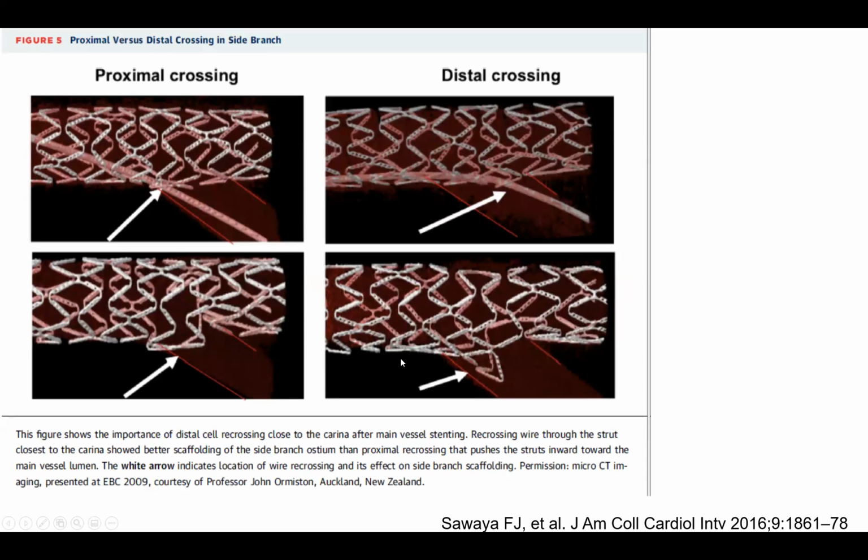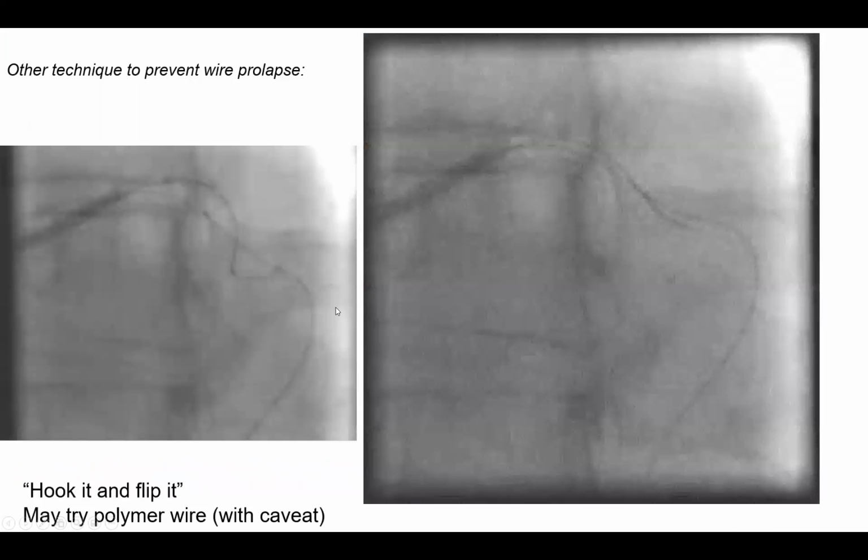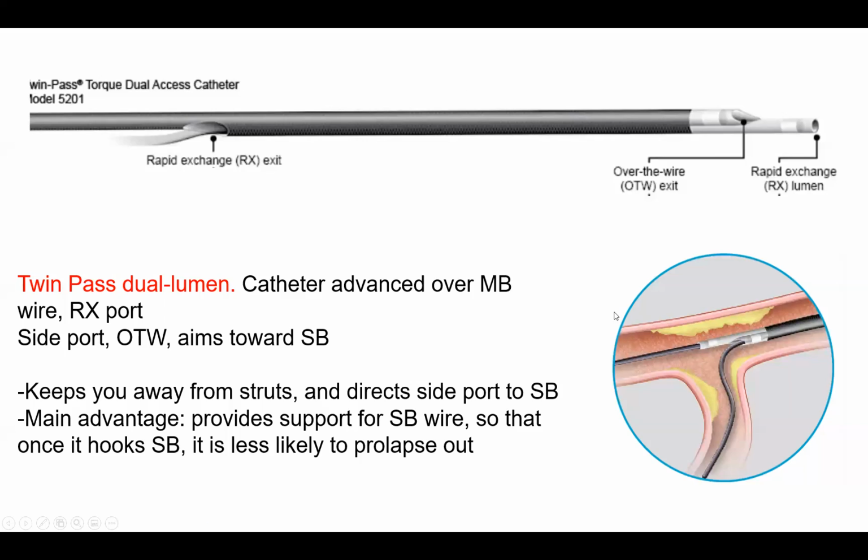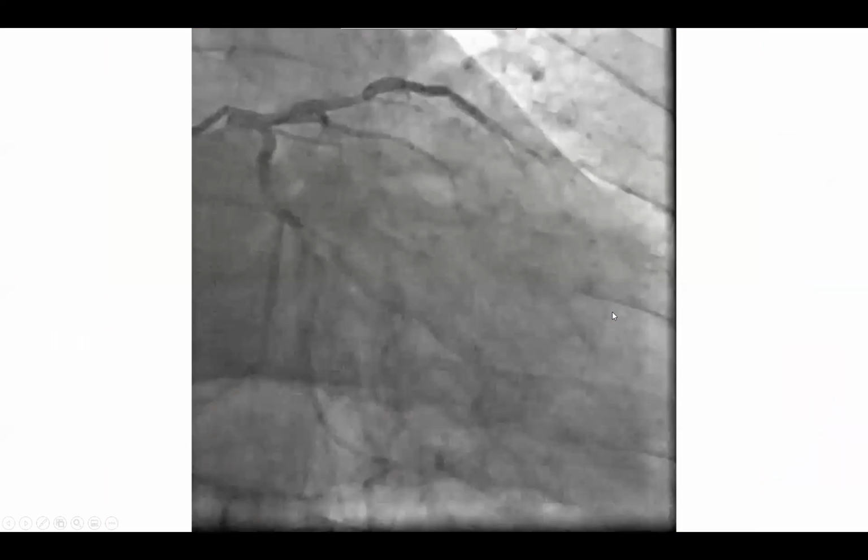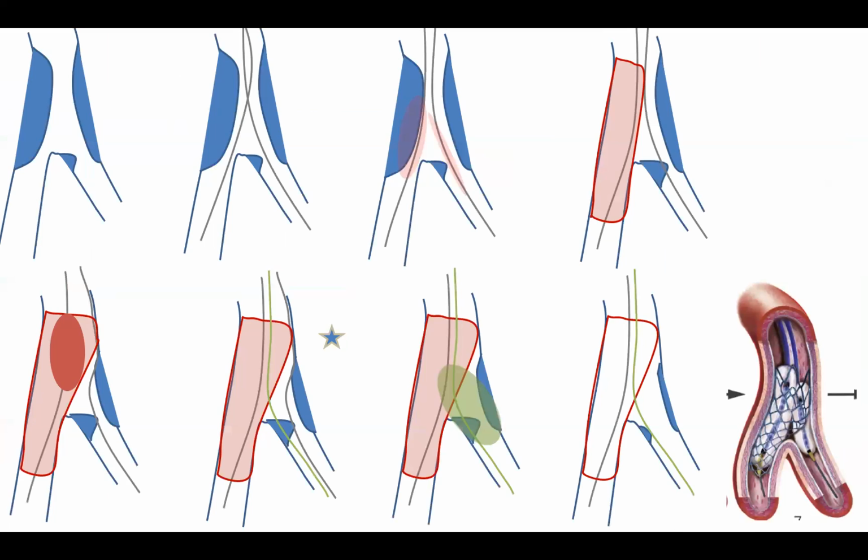I will explain another important technical idea. Why do you try to wire distal strut as opposed to proximal strut? When you're rewiring, why do you rewire here? This step, the rewiring step. Why do you rewire distally, not proximally?